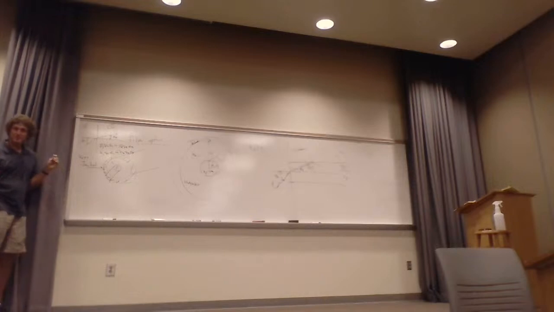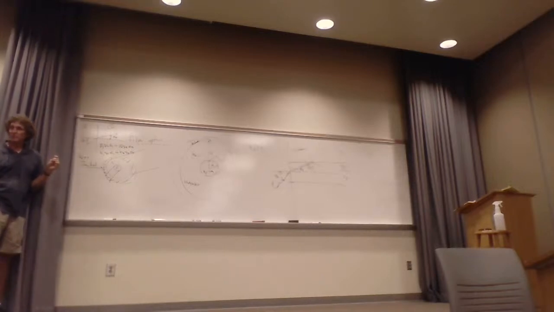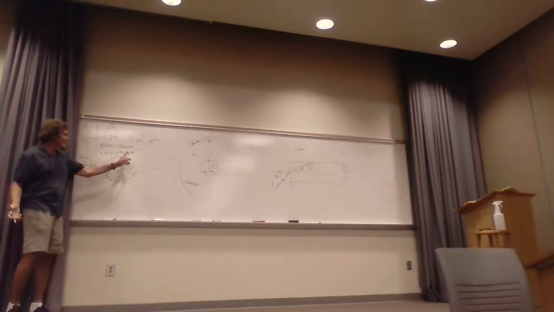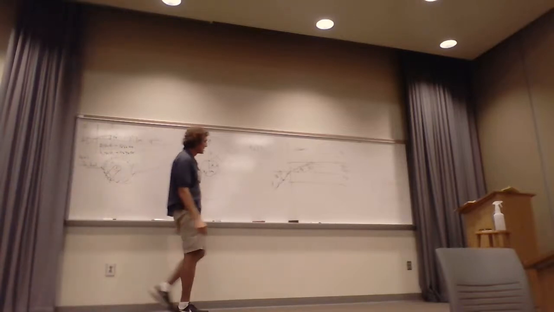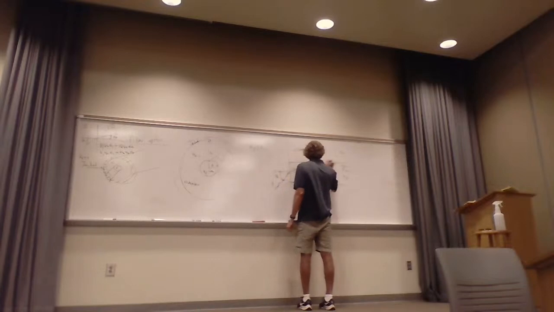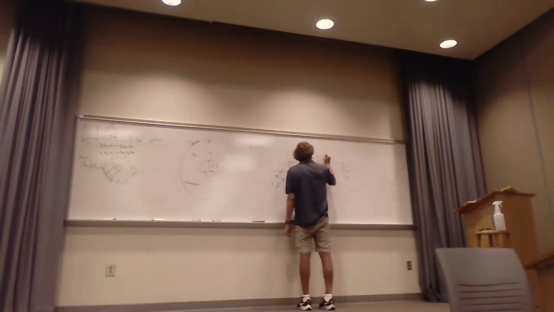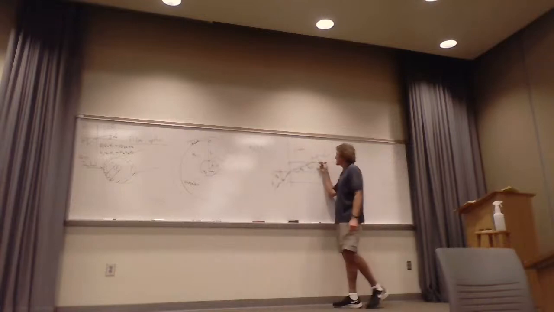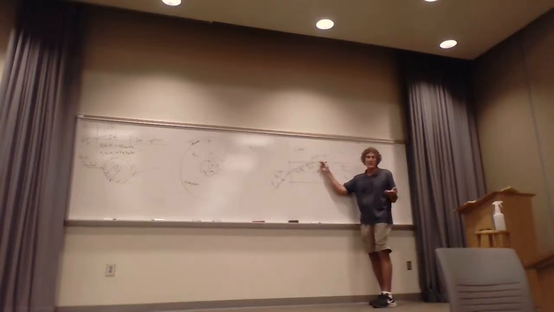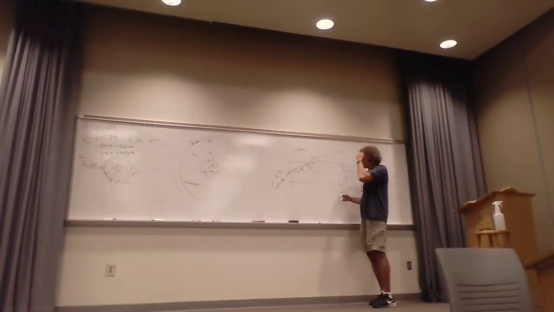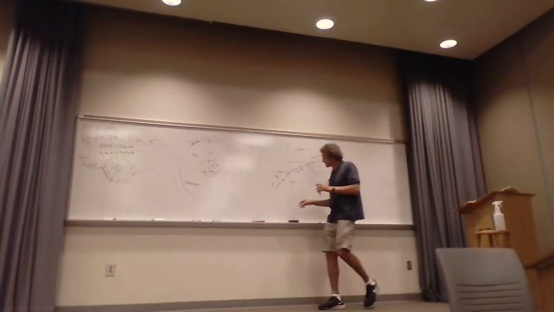You all with me? So here's where the entirety of the proof lies. We want this angle right here, the second angle, to be 90 degrees. That means everything's reflected back. Nothing's transmitted into the second medium. Make sense?